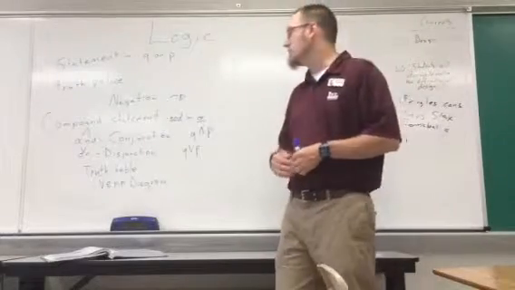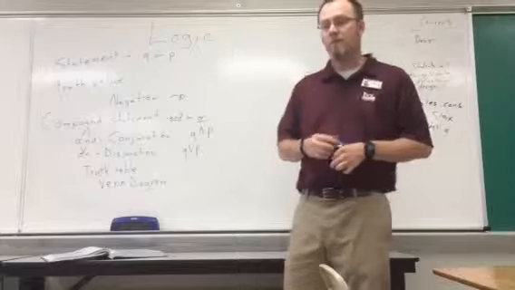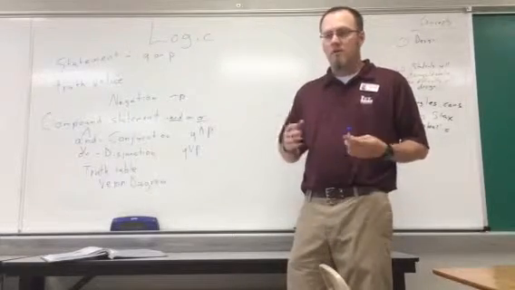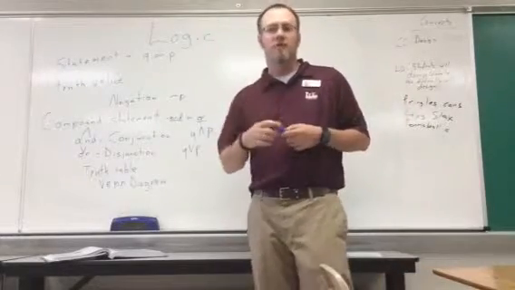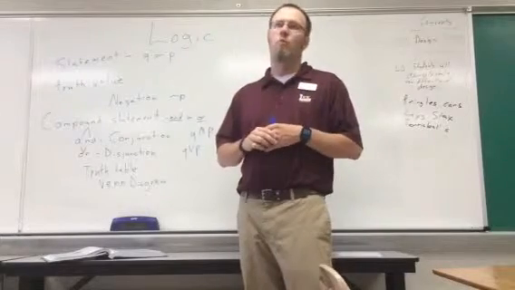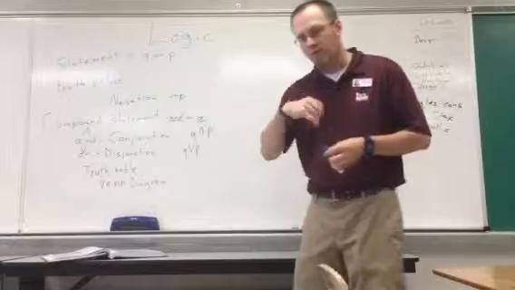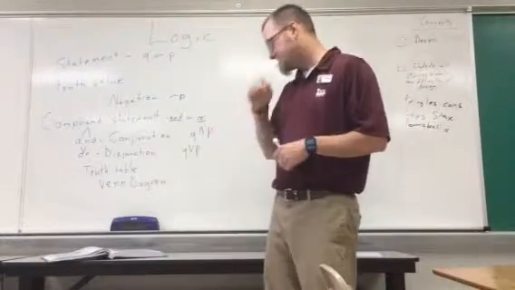It'll really help you if you're doing conjunctions and disjunctions to say them out loud. If you say it out loud, you can whisper it to yourself in the middle of a test, whatever. When you say some of those things out loud, you can really hear it and say, okay, wait, is the sky really green? So you don't just automatically get in a rut of marking true, marking false.